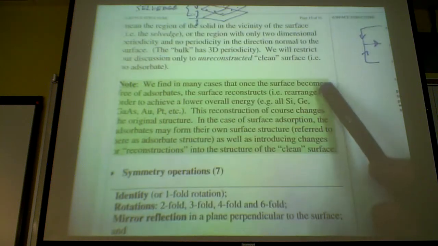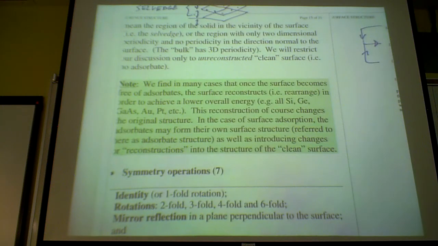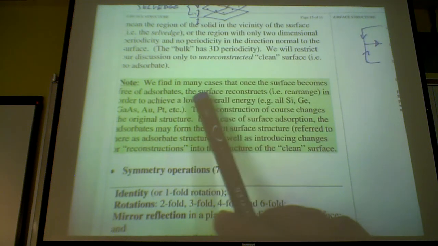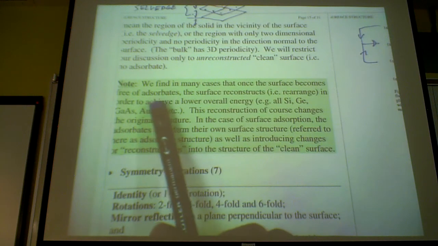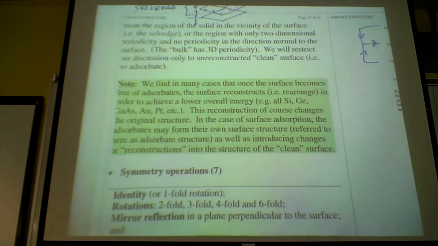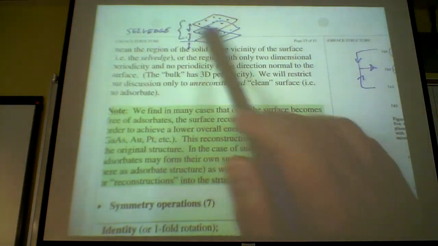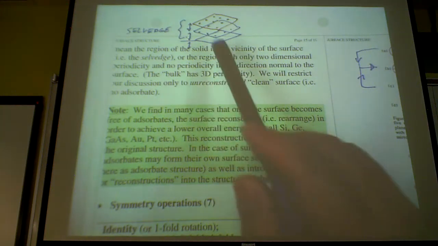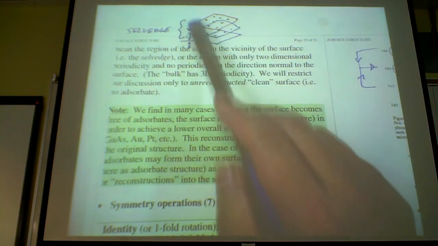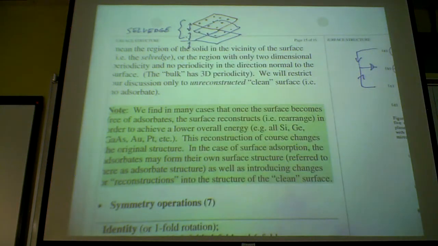I put in a cautionary note here: in most cases, in the real world, when you cut the surface, the surface will reconstruct. Once the surface becomes free, with no adsorbate on top either, just good old plain surfaces, these surface atoms will reconstruct, both in the XY direction and of course in the Z direction as well.